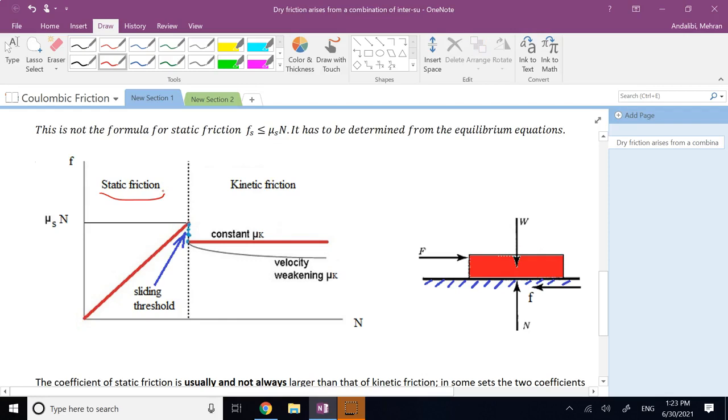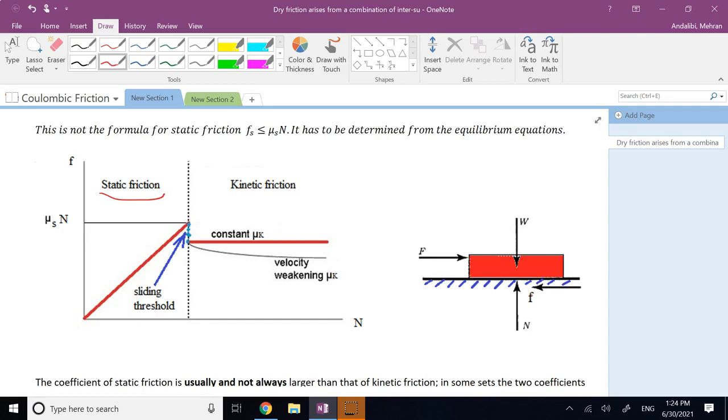The more force you apply, the surface tries to match your force and neutralize it. So the surface is capable of generating more and more friction, and it keeps up with you until some limit. That limit is the maximum friction that the surface can generate.